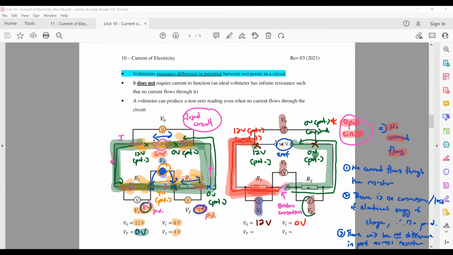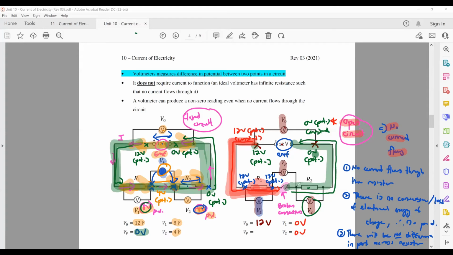If I have a voltmeter across here, I will be getting 0 volt. Okay. So maybe it's better I just write out the potential values. Here is 12 volts potential. Here would also be 12 volts potential.